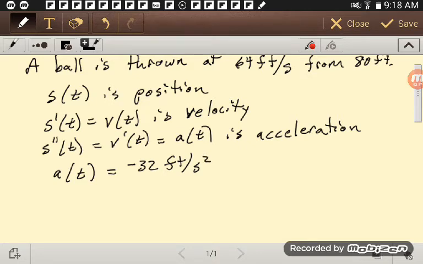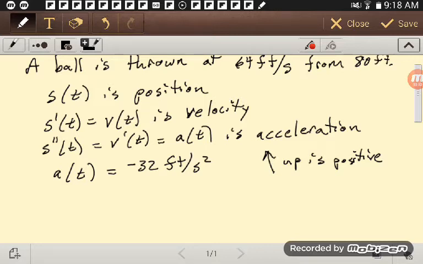The minus indicates up is positive, and the force of gravity is accelerating objects downward at minus 32 feet per second squared. So that's what we know.